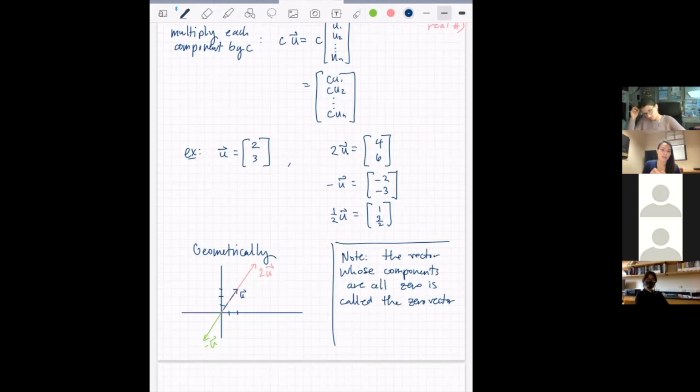Kind of makes sense. And it is denoted with a 0 with a vector symbol over it, right? And so this is just the vector whose entries are all 0, right? Okay, so 0 vector.